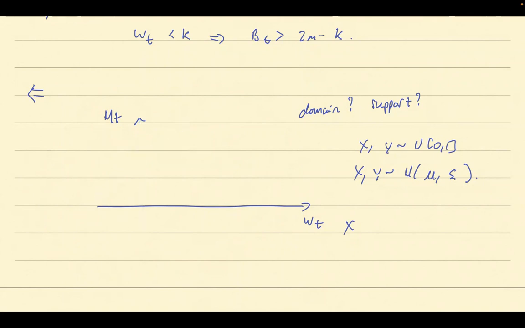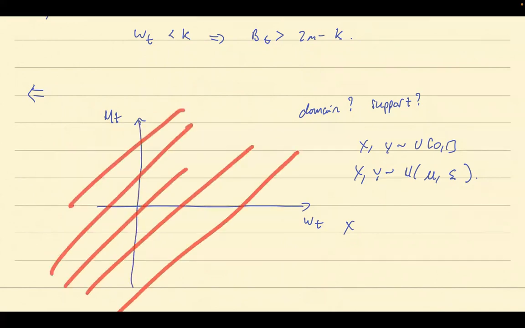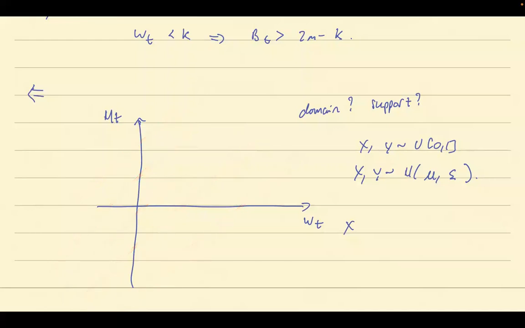First of all, can it be the whole R2? Why not? What is positive? What part is positive? Both of them?